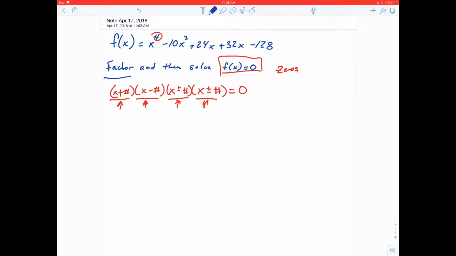But what you want to do is you can find a list of possible rational zeros. You can find a list of all the possible rational numbers that would solve the f of x equals 0 part, or give you the numbers here for the factors. Okay, we can find a list. To find that list, you take the factors of the last number.